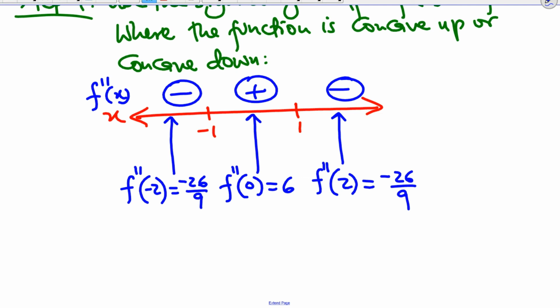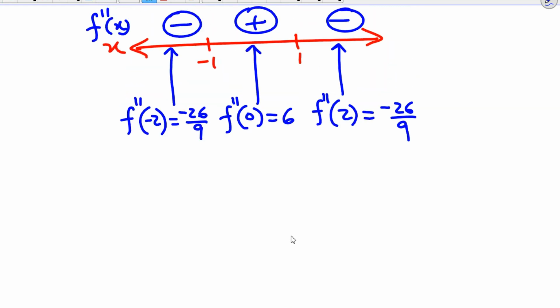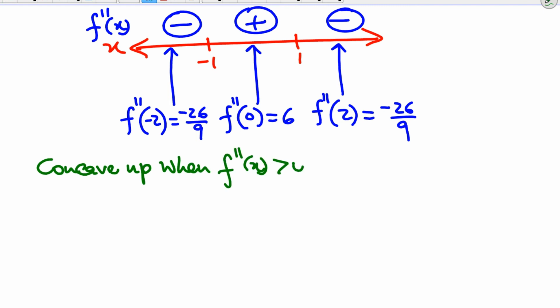So you can go ahead and write this down. So you can say that this particular function is concave up when the second derivative is greater than 0. And when is it greater than 0?